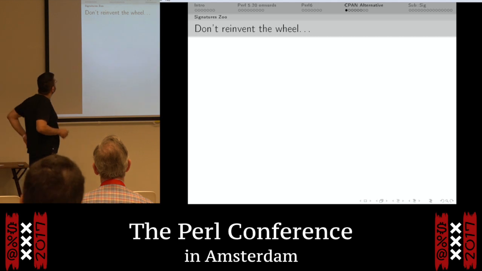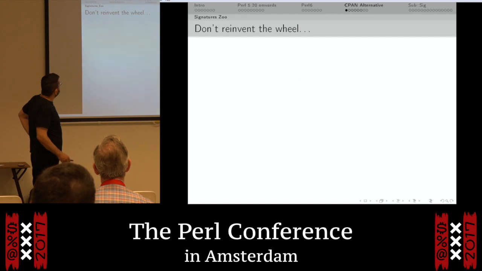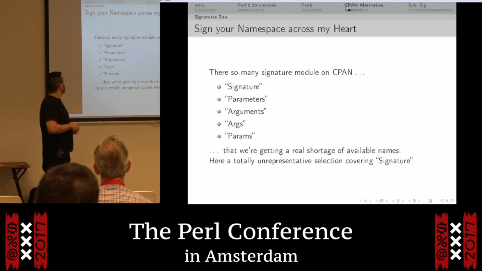Oh, 20 minutes already. So, on CPAN you have a real zoo of signature implementations. I call them all signatures, but you have so many namespaces on CPAN full of different modules like signatures, parameters, arguments, args, params.